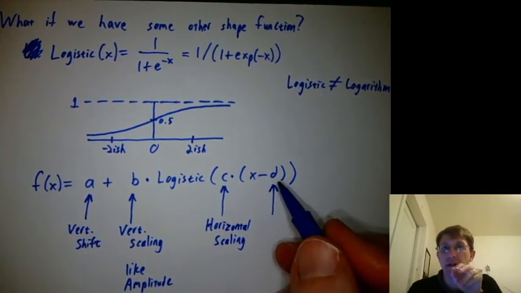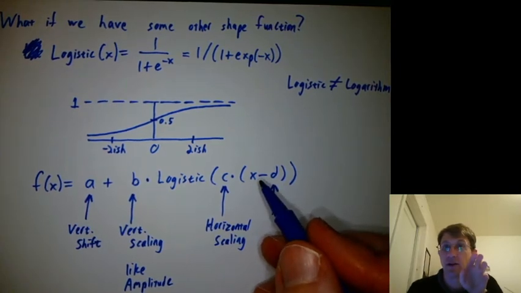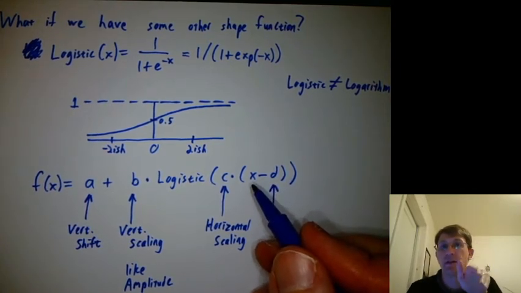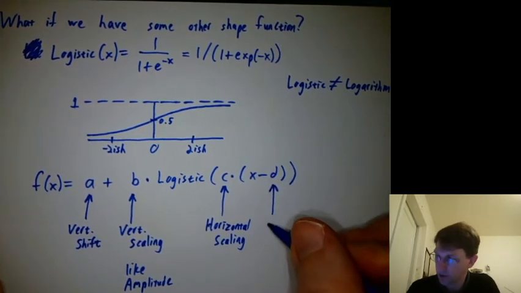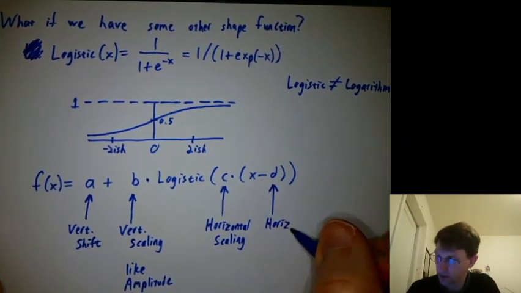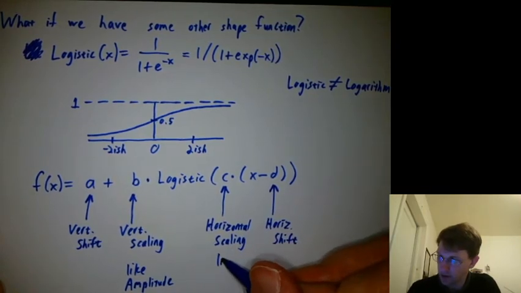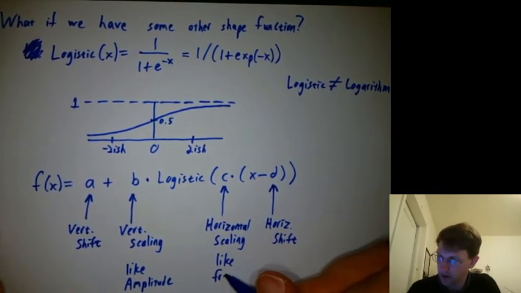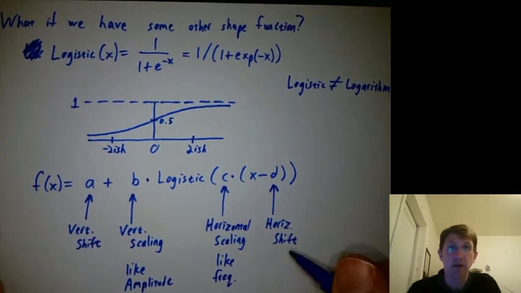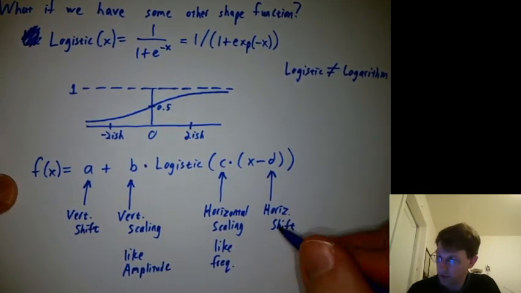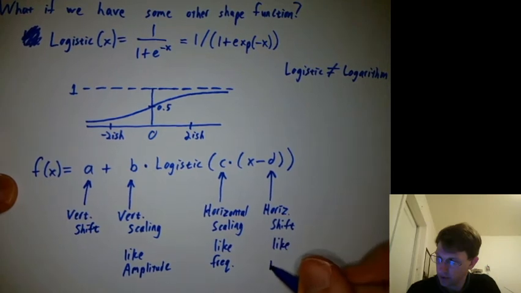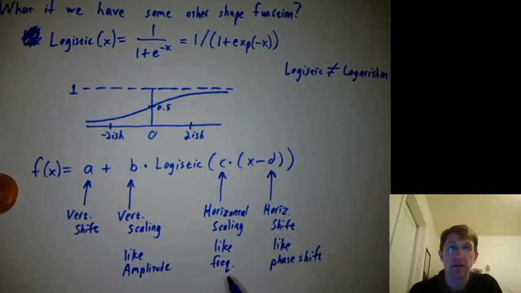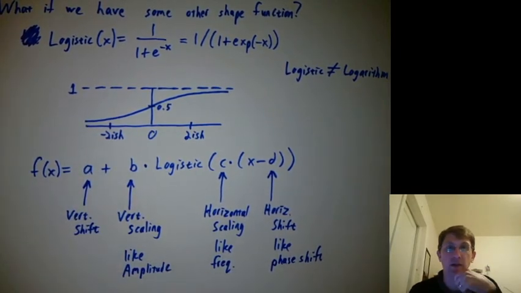Like if D is 10, then when x is 10, you get a 0 here. So x equals 10 kind of acts like 0. So this is a horizontal shift. Horizontal scaling is kind of like frequency, and horizontal shift is kind of like phase shift. So that's how these various parameters relate to shifting and scaling sine waves.